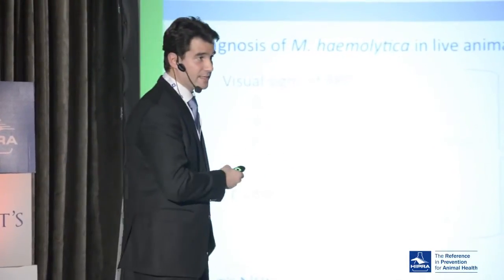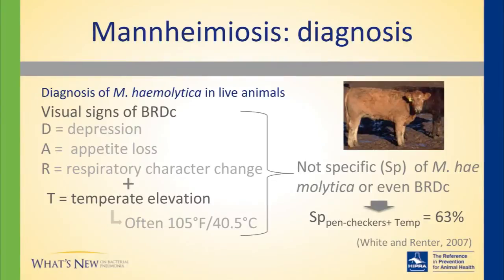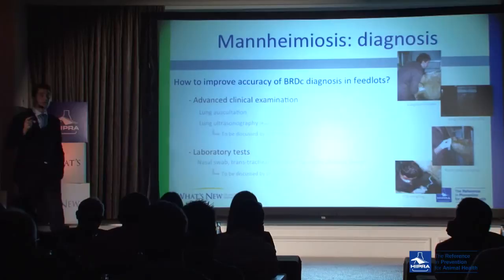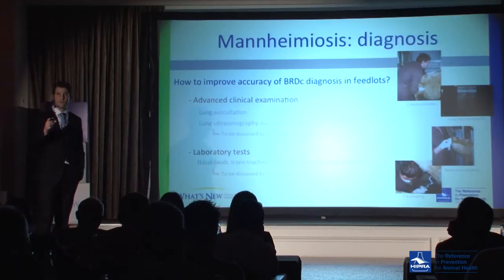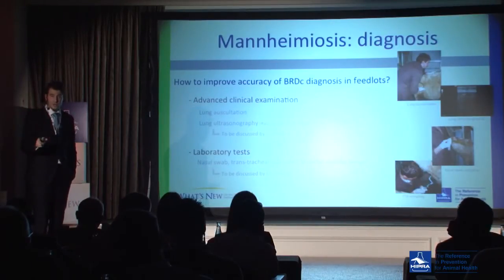This, as you can guess, is first of all not specific to Mannheimia hemolytica and not even specific to BRD, actually. White and Renter, the same guy that estimated the sensitivity, estimated the specificity of pen checking and treatment at only 63%. In other words, up to 37% of animals are treated for BRD whereas they are not really affected by BRD.